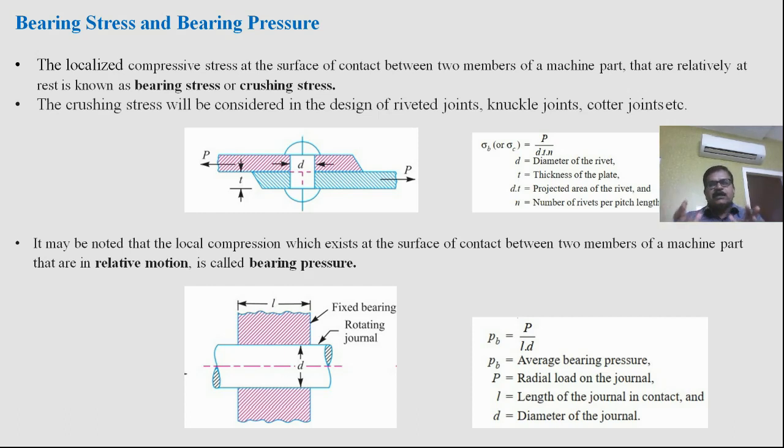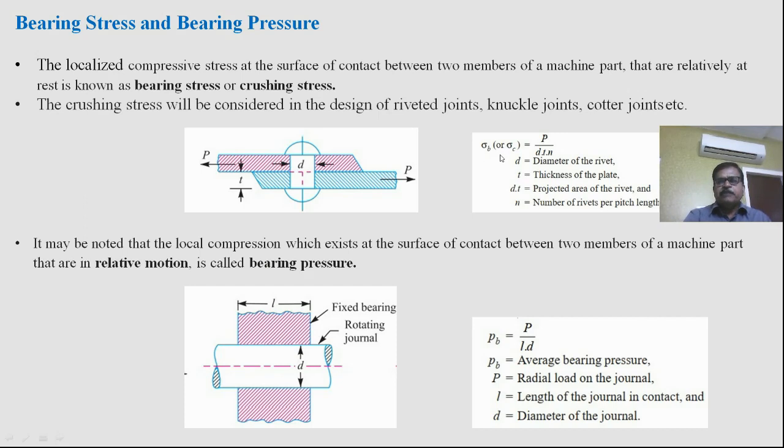It has to bear that stress, therefore it is known as bearing stress, and the plates are trying to crush the shank of the rivet, therefore it is known as crushing. It is either known as crushing stress or bearing stress.